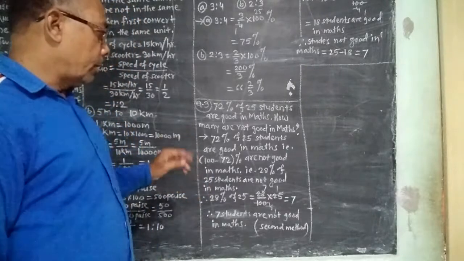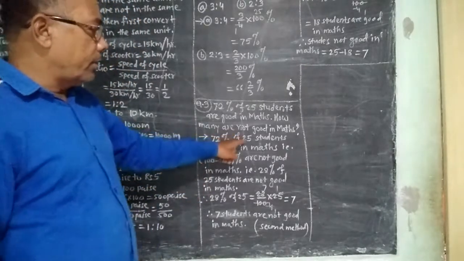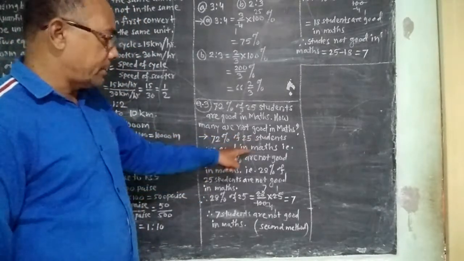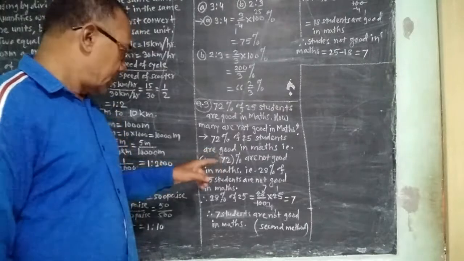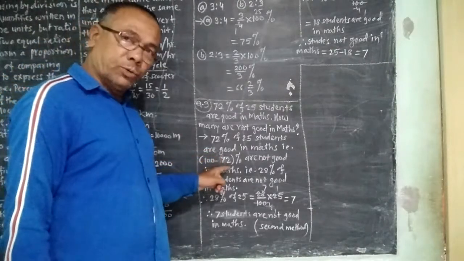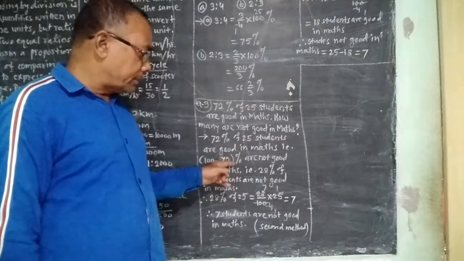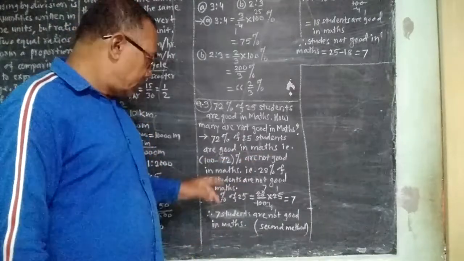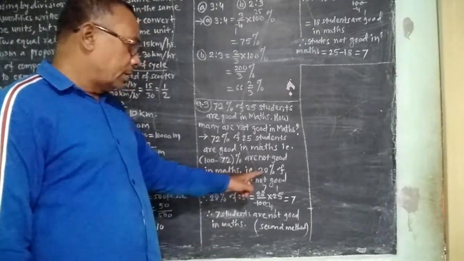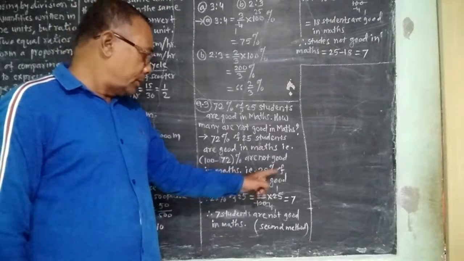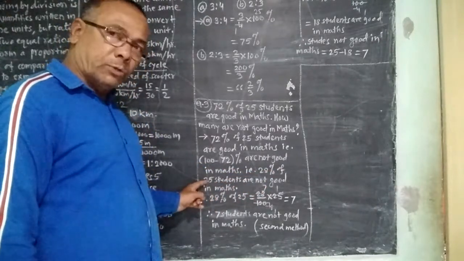So first of all, 72% of 25 students are good in maths, so 100 minus 72, that is 28% of students are not good, out of 25 students.